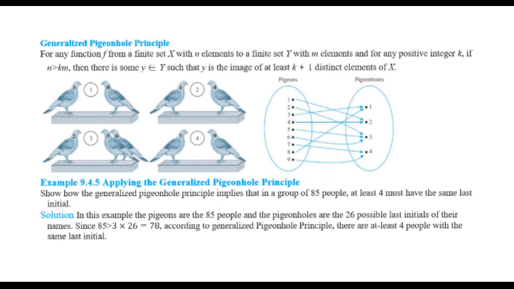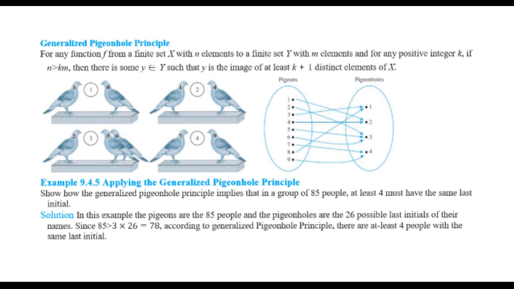So what the generalized pigeonhole principle says is that there should be a pigeonhole in which there are more than 2 pigeons. Why? Because 9 is greater than twice the number of pigeonholes. So there should be one pigeonhole with more than 2 pigeons.